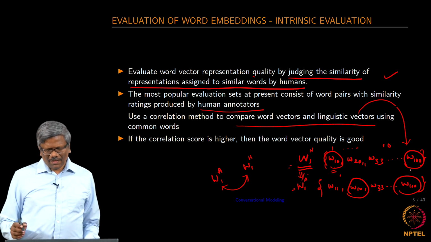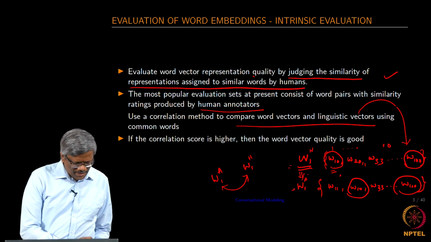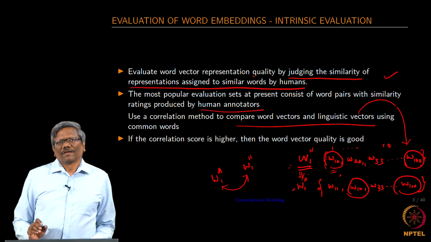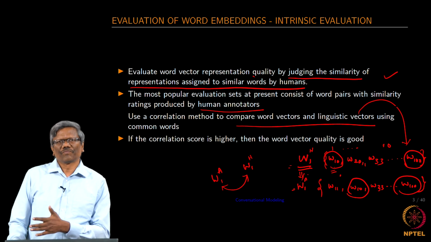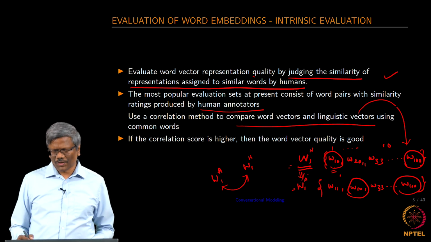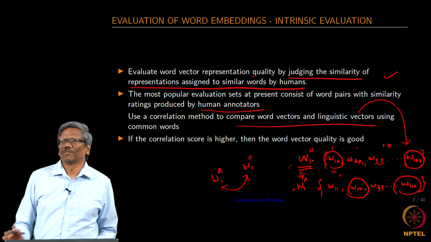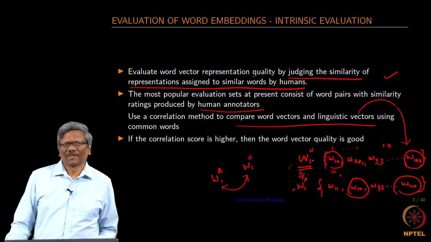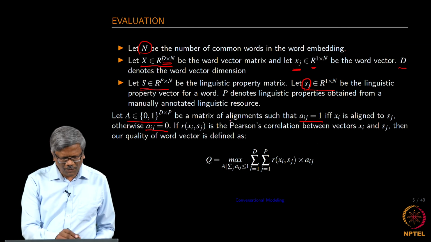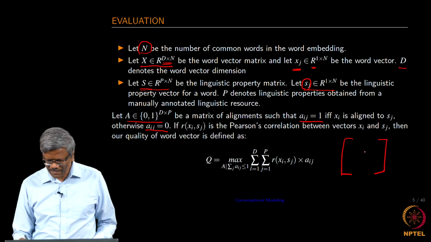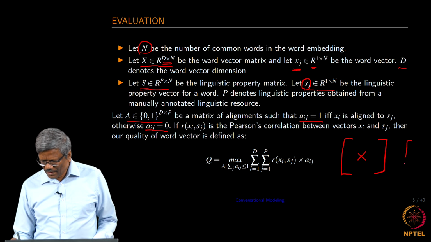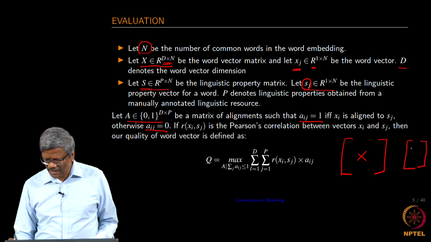It is important to understand that the similar words obtained by the word vectors need not be the same as what the linguists have provided. So you have two different sets of vectors, x, and one more from the linguist side.